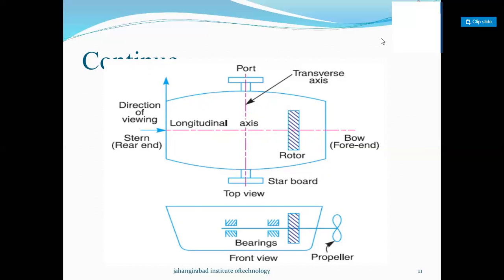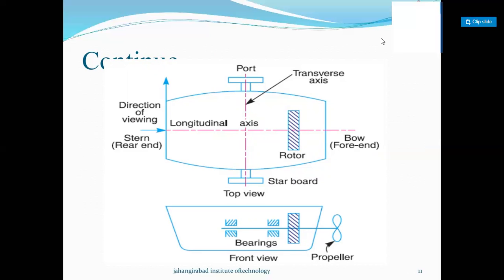Steering is the turning of the ship in a curve while moving forward. When the ship is moving in the forward direction, towards the bow, and then turns, this turning movement of the ship is called steering. Pitching is the up and down movement of the ship from the horizontal position: when the ship is steady along the longitudinal axis and moves up and down at bow and stern, that movement is known as pitching.